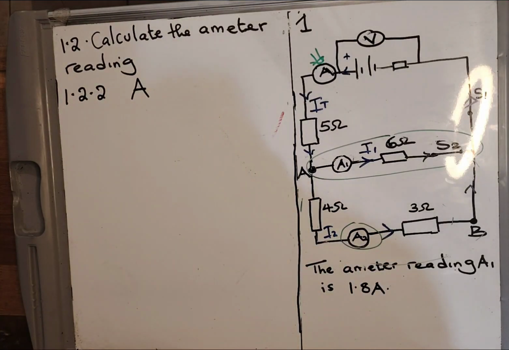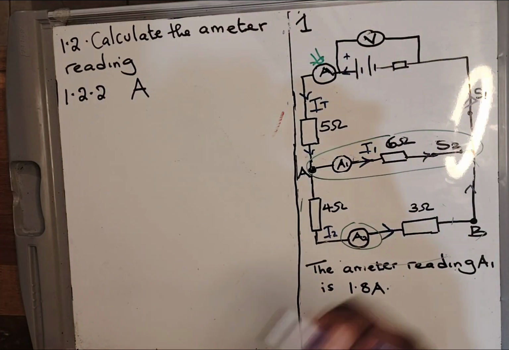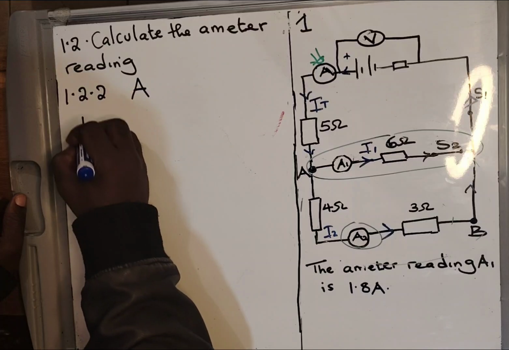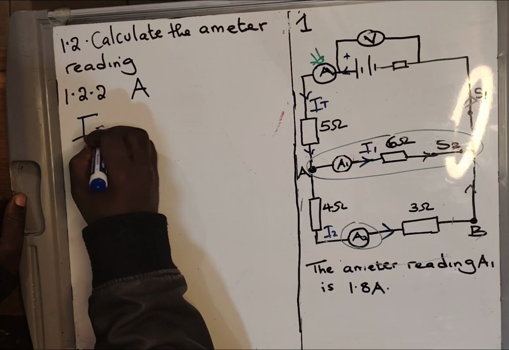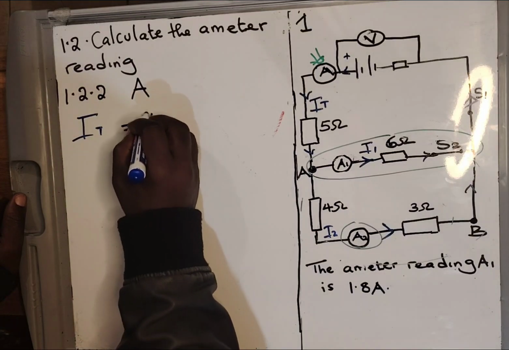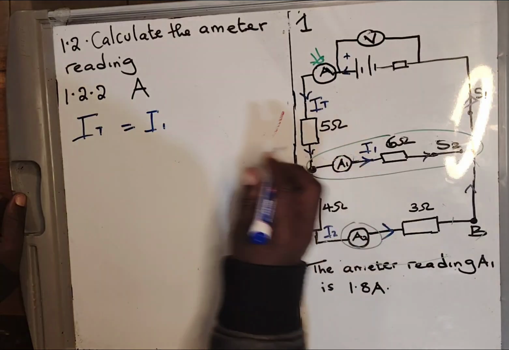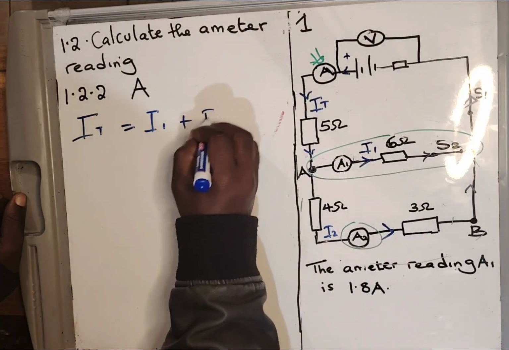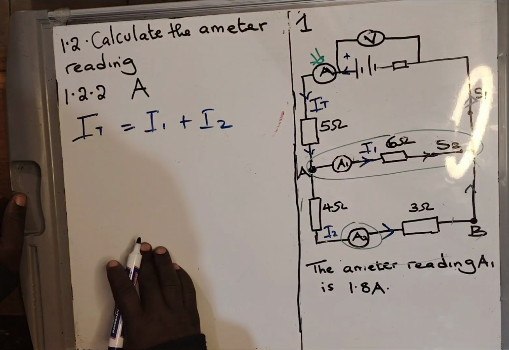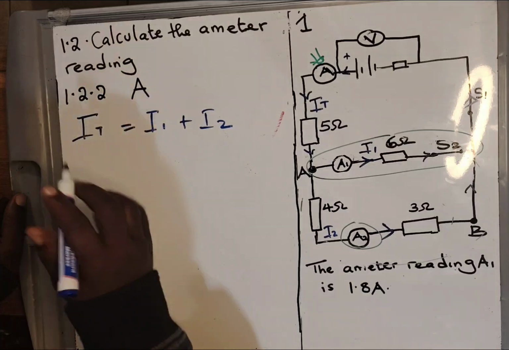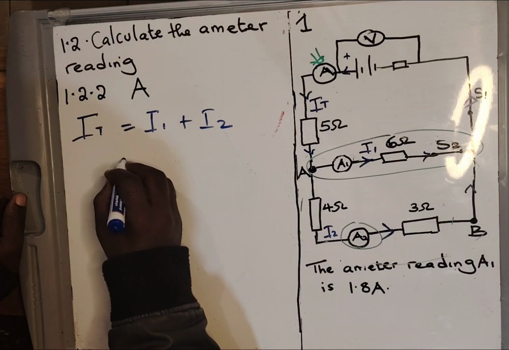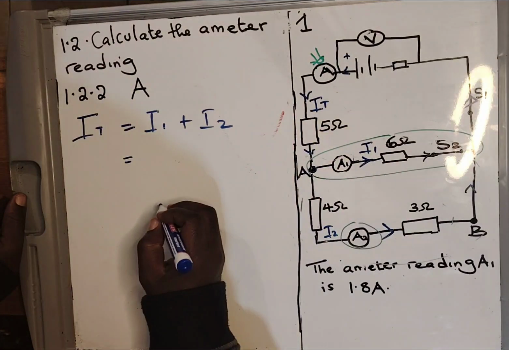Remember that we have only 2 branches dividing this current. So we can tell that total current in this aspect is equal to I1 going through the first branch plus I2 going through the second branch. Now, both of them are known. I1 was given to you.